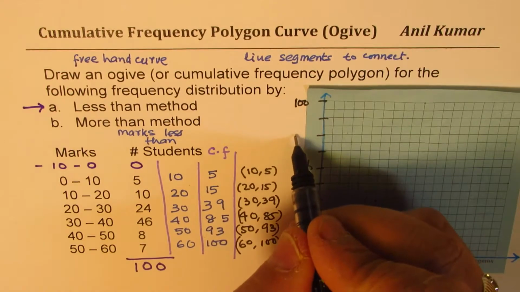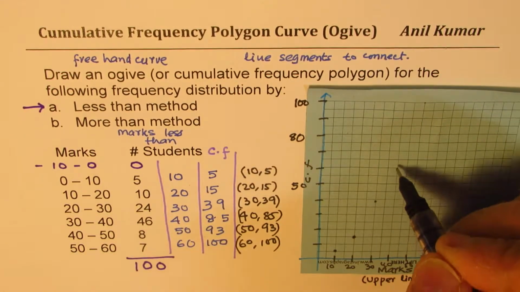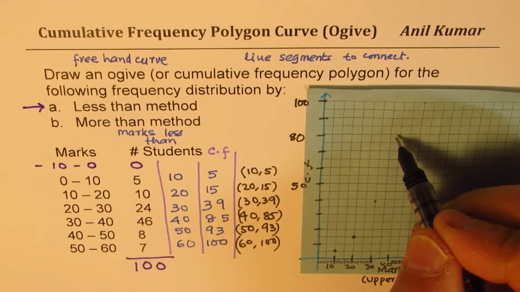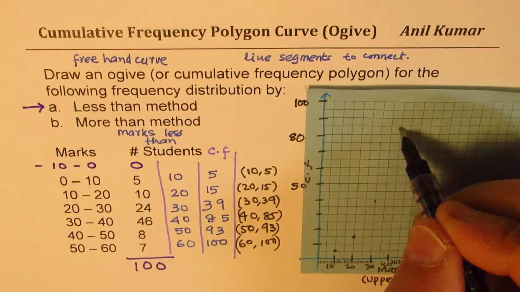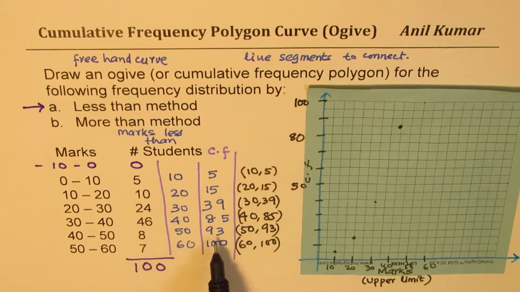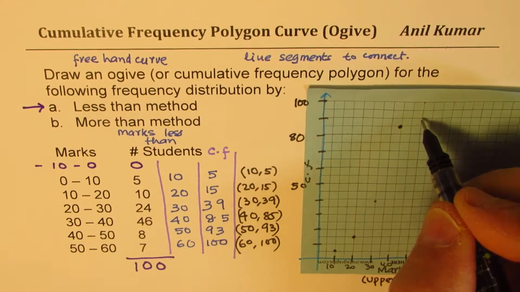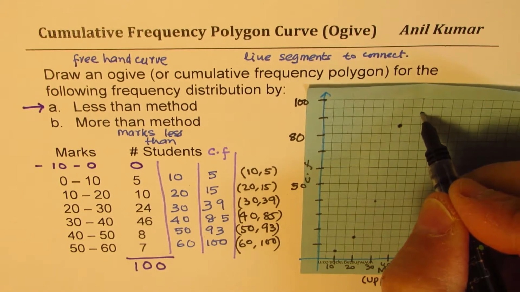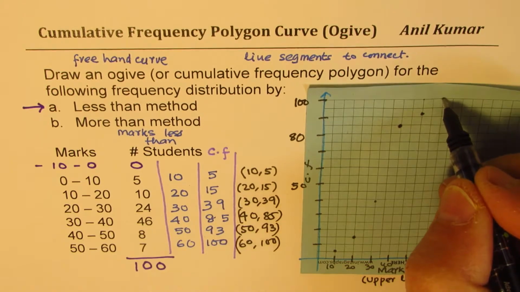So that is 100, this is 80, and 80 and 85, right? And then at 50, we have 93, so slightly more than 90. Let me put it here. And at 60, we have 100. So that is our point.